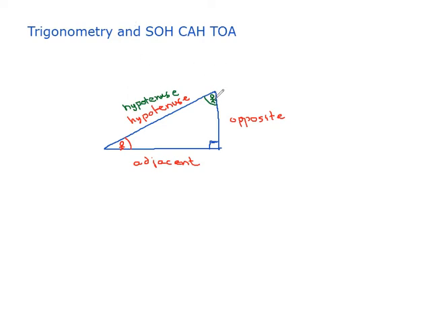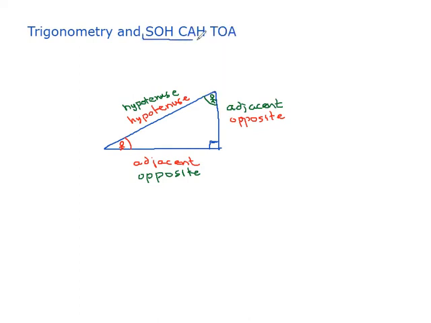But this person would say that this is their adjacent side. And this green person would say that this is their opposite side. So you have to make it clear which of these people you are, because that's going to determine what trig functions we use.